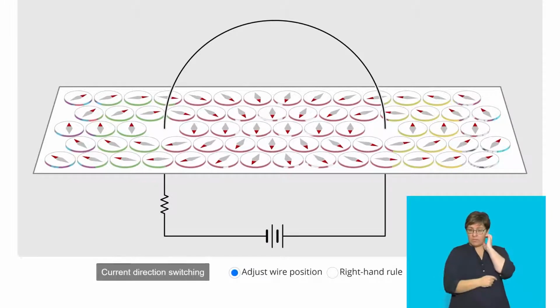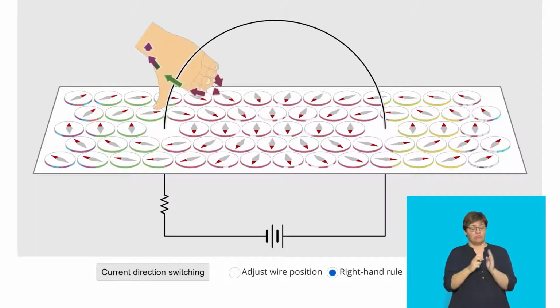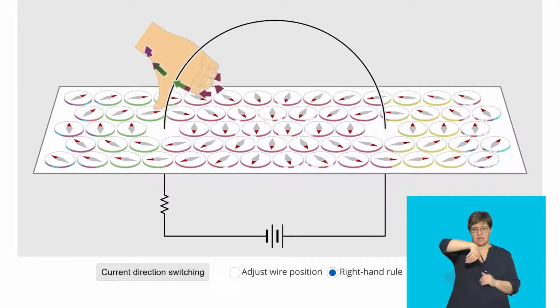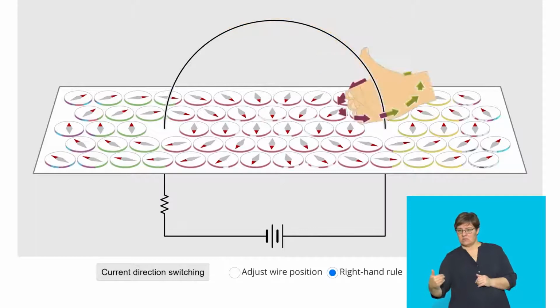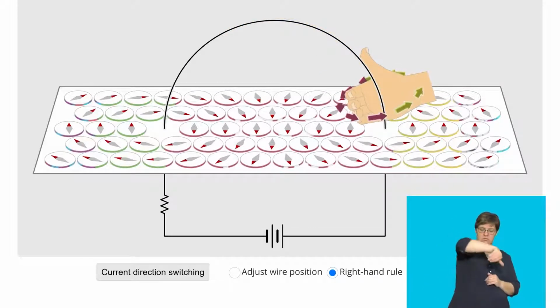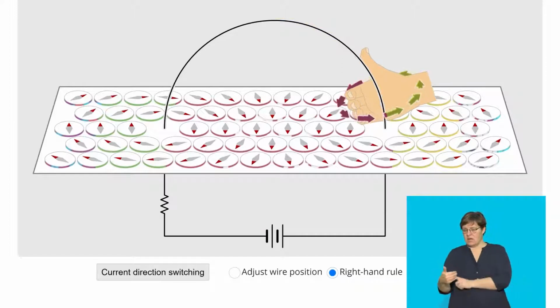And if we were to look at what's happening to the right-hand rule here, you'd see that we can actually move this right hand along here, and in that position, you can see that the current is going upwards, and the circular green lines are showing you the same direction as the red compass needles.